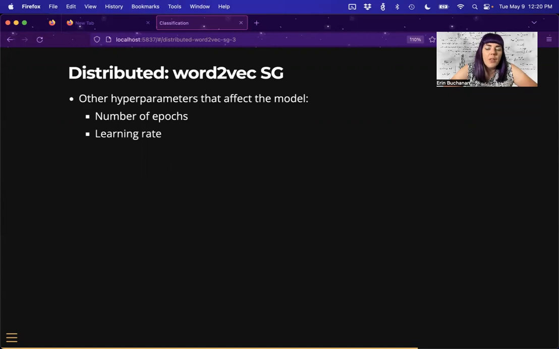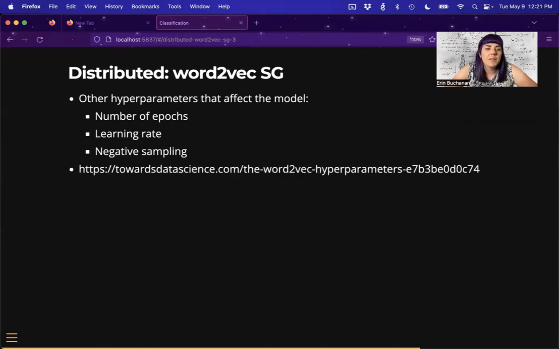The learning rate, so the rate at which the model will learn. Negative sampling, which sort of deals with forgetting and loss and making it a little bit messy so the model isn't perfect. And there is a really great Towards Data Science article that tells you about how all of these work and what some good starting points are and how to tune them.